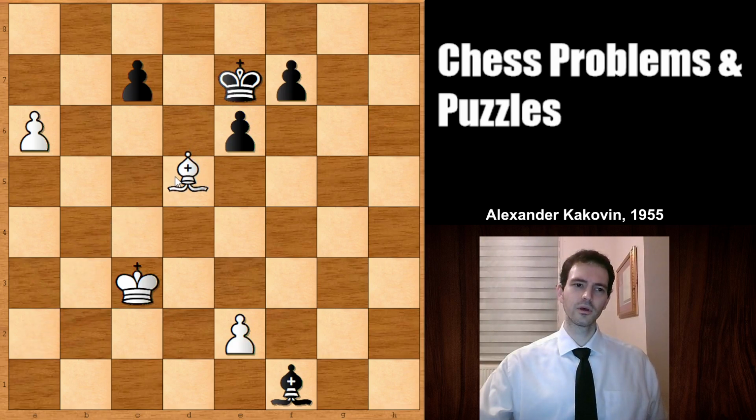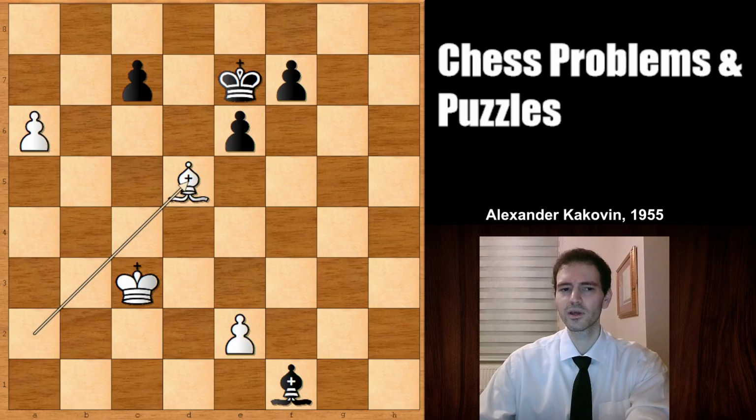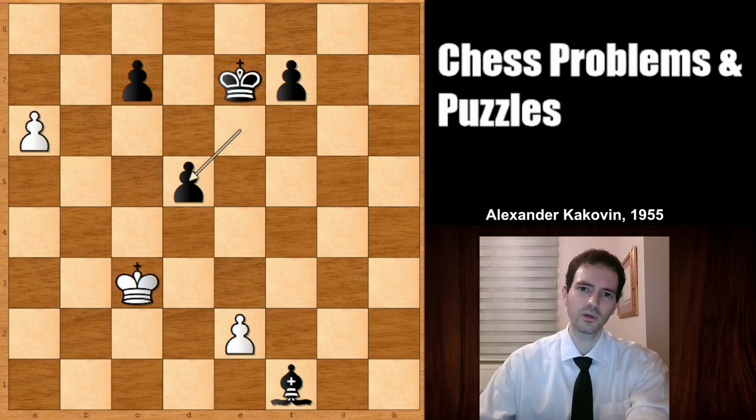Bishop to d5 is the move. Oh my god, what a move. And if, of course, bishop to g2, now white is controlling the diagonal, and we can capture the bishop, and then we can promote the queen. So black has to capture the bishop, but it is still not over. a7, and then black is trying bishop to g2.